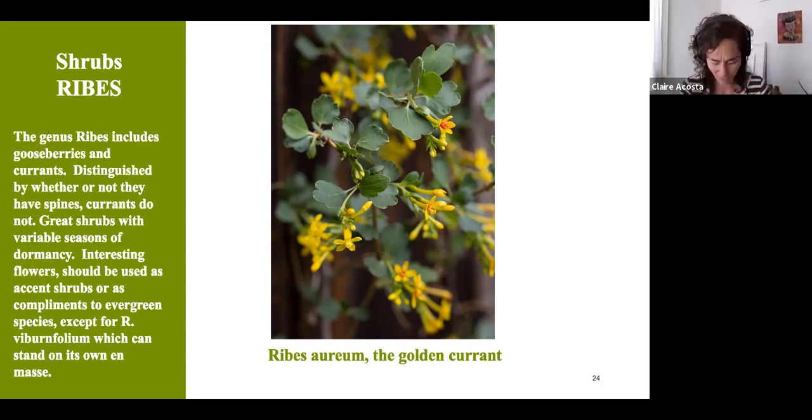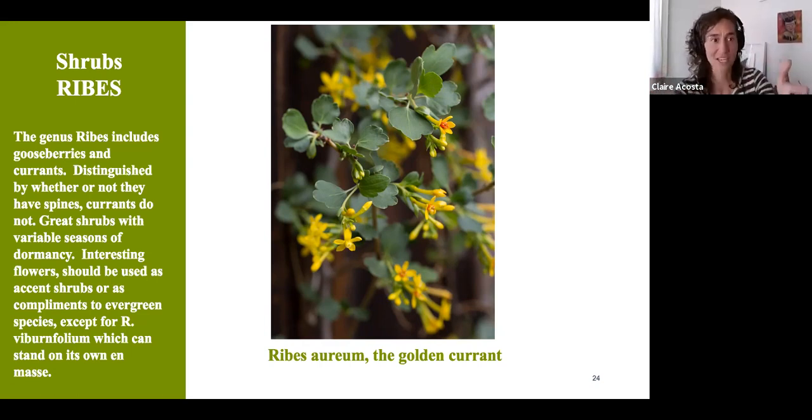They're a nice addition, especially because a lot of them have very cool flowers, like speciosum or sanguineum, which is also on your deck of cards and has really striking flowers. And Ribes aureum is golden currant, which has a yellow fruit that turns darker.